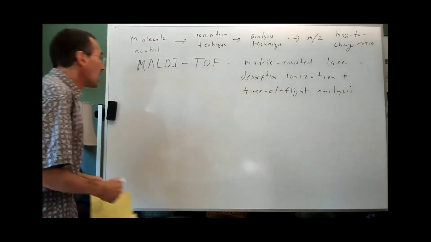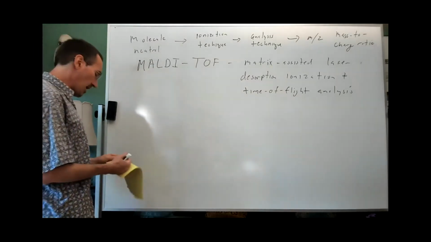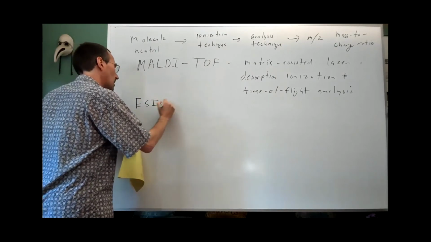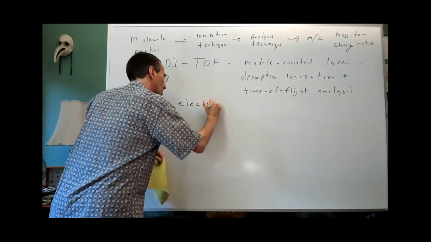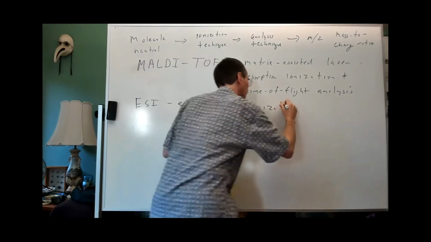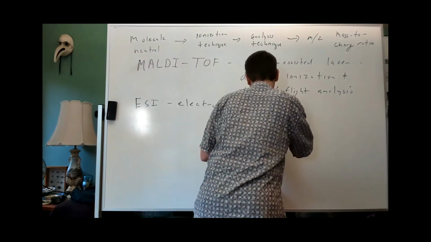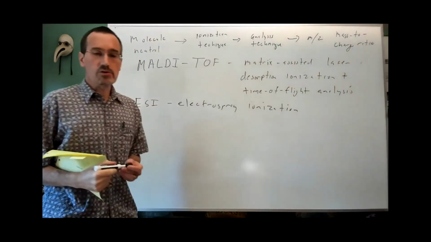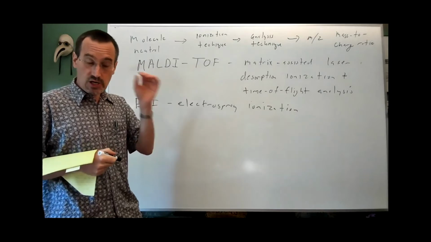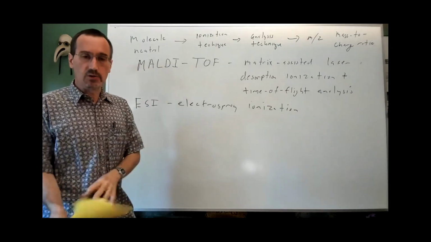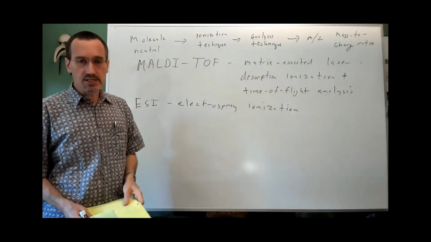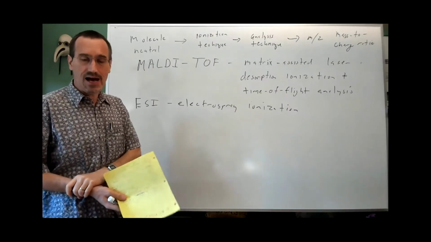Another technique that's very popular is electrospray ionization. In this technique, you're using a tiny little capillary tube that has a charge on it, and you're spraying your molecules in solution, and they're picking up charge, generally protons, sometimes sodium or potassium ions.